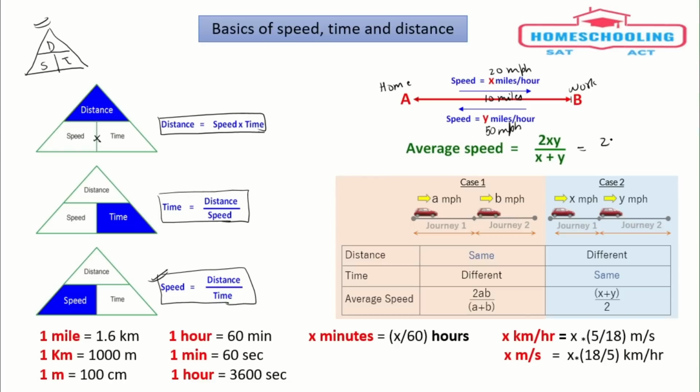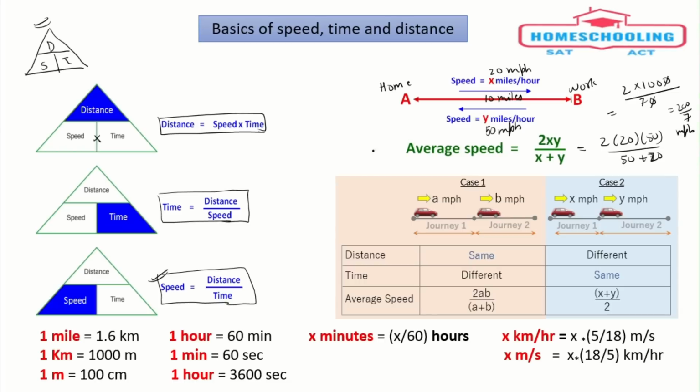So this will be 2 into 20 into 50 divided by 50 plus 20, that is 70. 2 into 20 into 50 would be 2000, and this one is 70. So 200 divided by 7 will be your average speed in miles per hour.